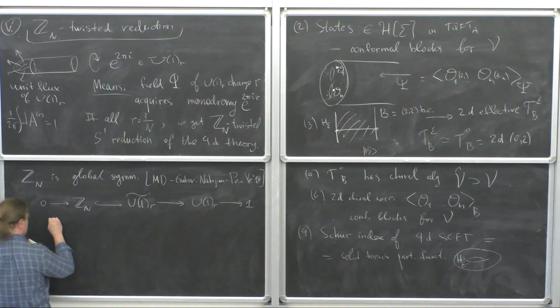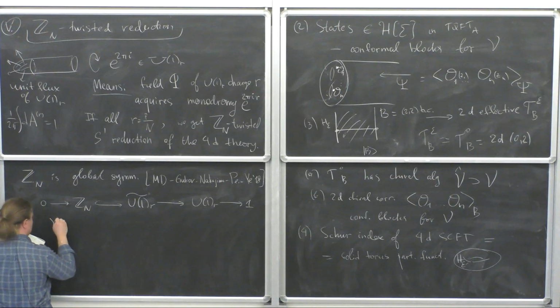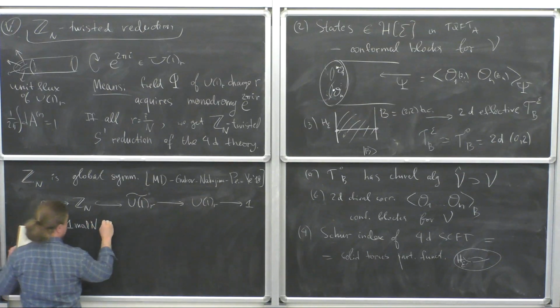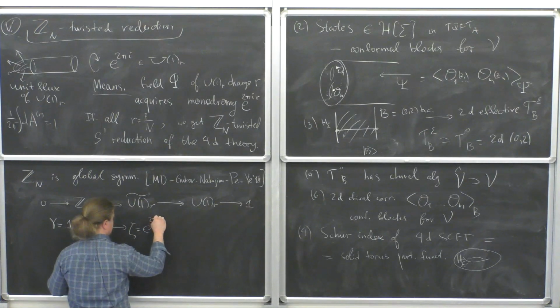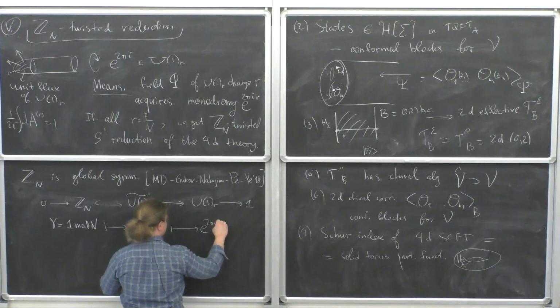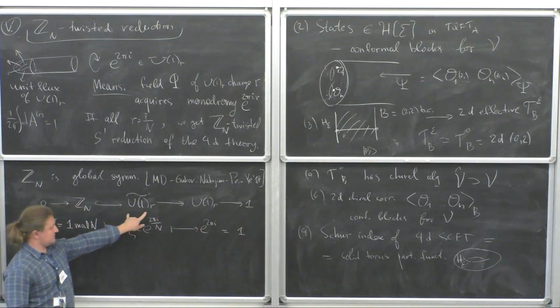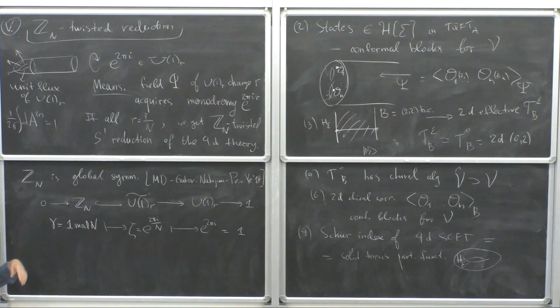So if I have this unit holonomy around the circle, it's 1 mod n here, and it maps to the primitive nth root of unity, which is then mapped to just identity. So this is the naive choice of our symmetry, and this is the n-sheeted covering that exists in theories with fractional R charges, and this Z_n commutes with supersymmetry and plays the role of a discrete flavor symmetry.